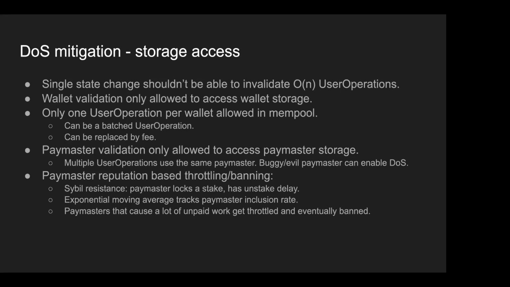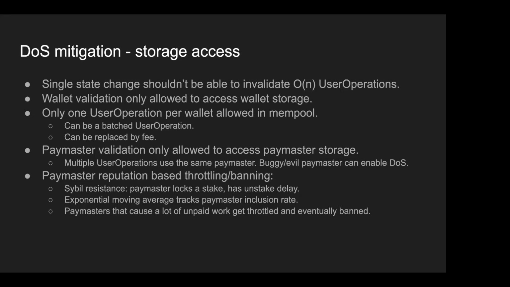And this leaves us with the storage access. So we need to make sure that a single state change shouldn't be able to invalidate a large number of user operations. It should only invalidate a single one. So we do it by enforcing that the wallet validation function is only allowed to access the wallet storage. It cannot access the storage of any other account.